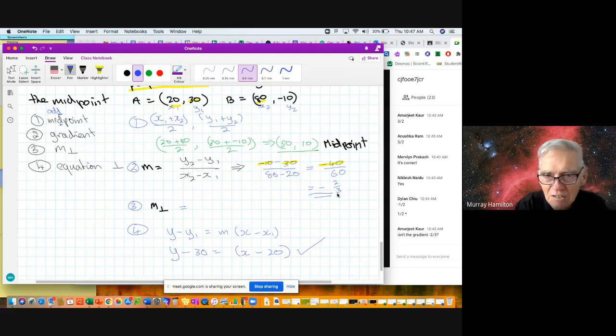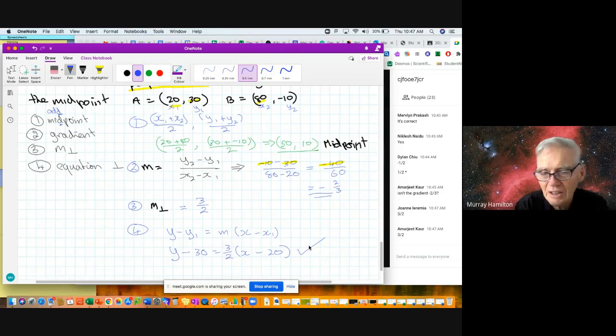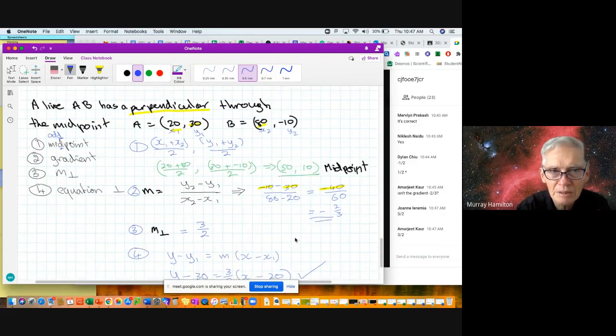So if it's -2/3, what is the gradient of the perpendicular then? 3/2, or 1.5, yes. So we just write 3/2 there, and we are finished. So there we've done the gradient of a line that is perpendicular through a midpoint.